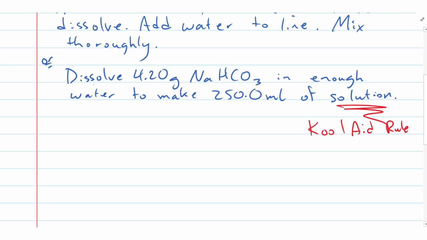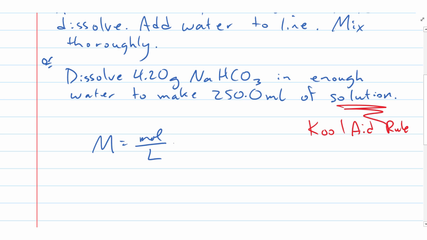All right, next up. Let's say that we work with our molarity formula and we need to find the number of liters. So molarity is equal to moles over liters. If we want to solve this equation for liters, how do we do it? Well, we need to get it up in the numerator.